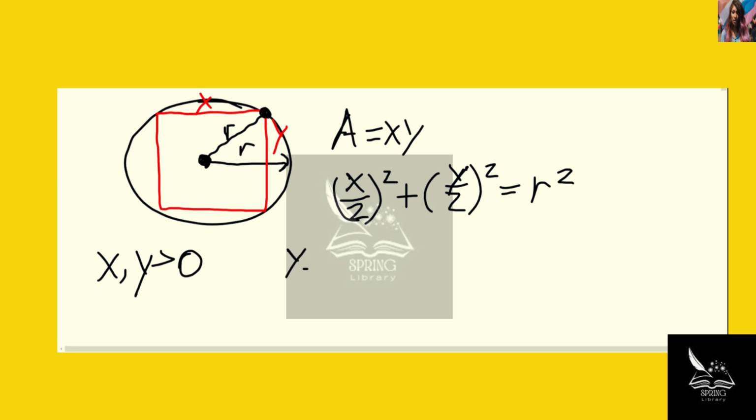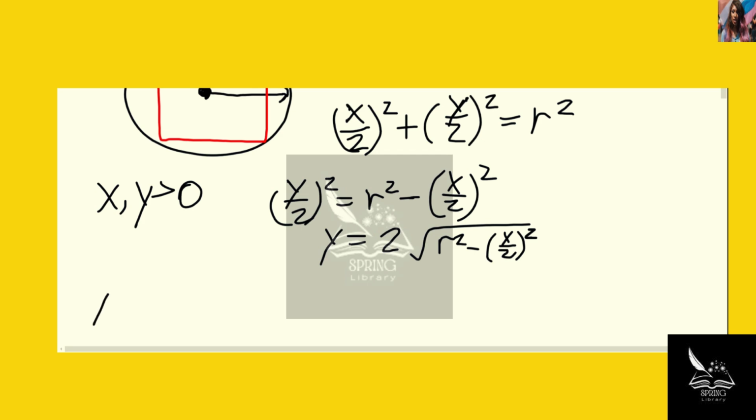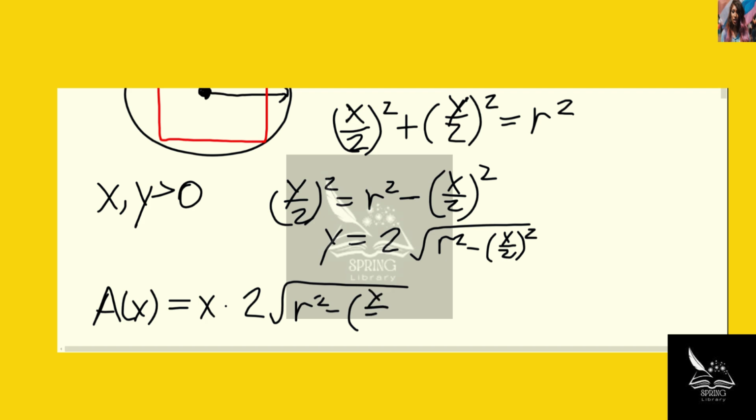We have (y/2) squared equals r squared minus (x/2) squared, so that y is equal to 2 times the positive square root of r squared minus (x/2) squared. And therefore, the area as a function of x is x times 2 times the square root of r squared minus (x/2) squared.